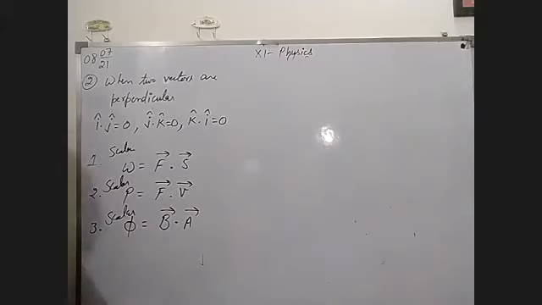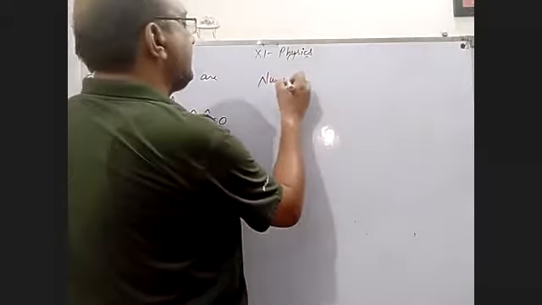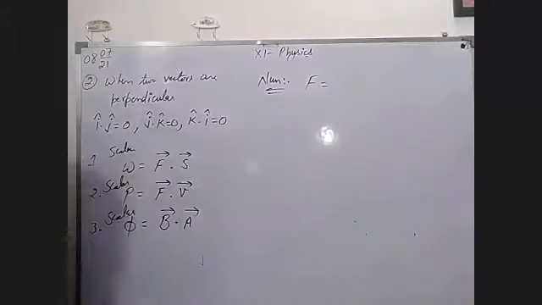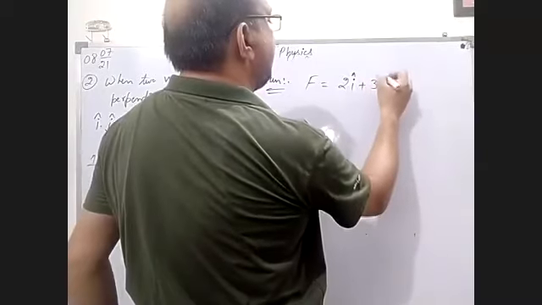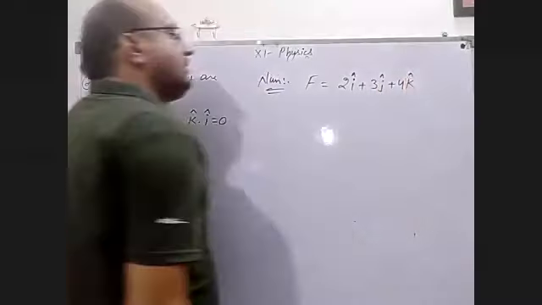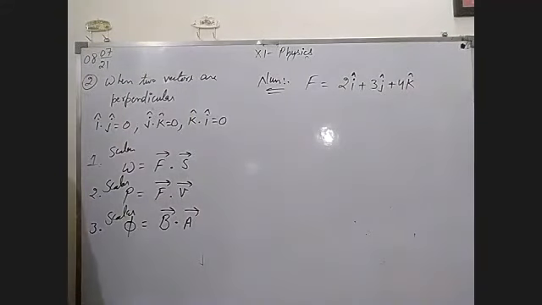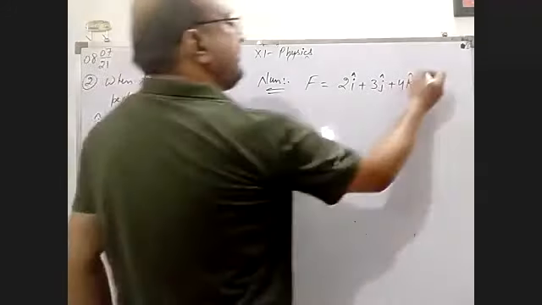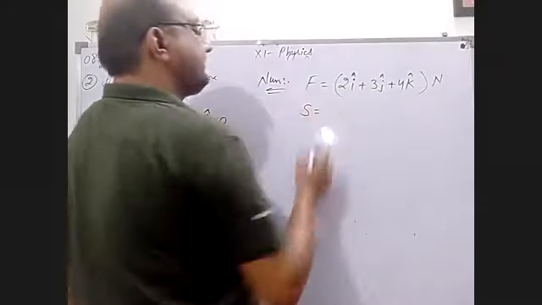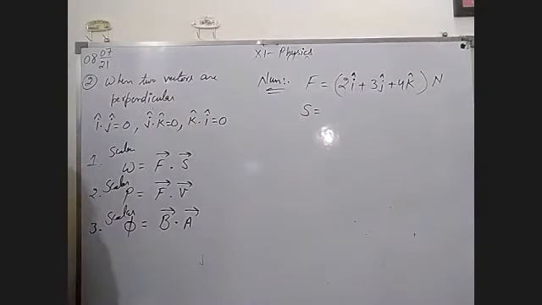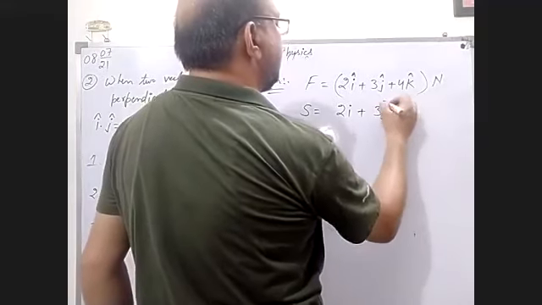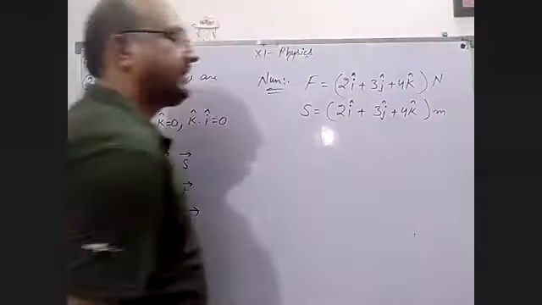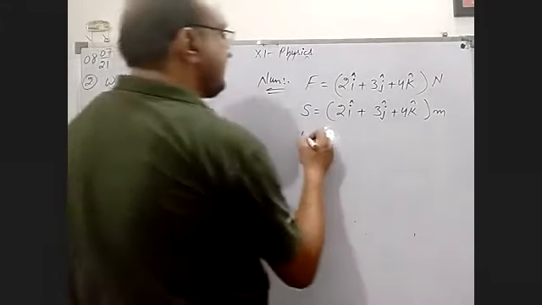A constant force F equal to 2i plus 3j plus 4k cap Newton produces a displacement of 2i plus 3j plus 4k meter. Same as this. What is the work done? What is the value of work done?